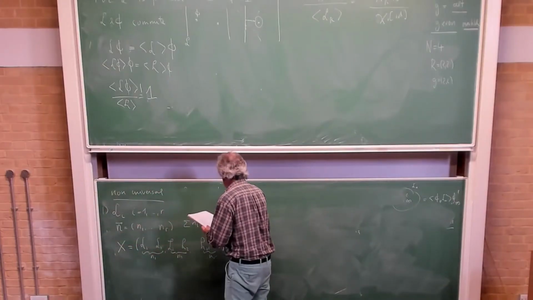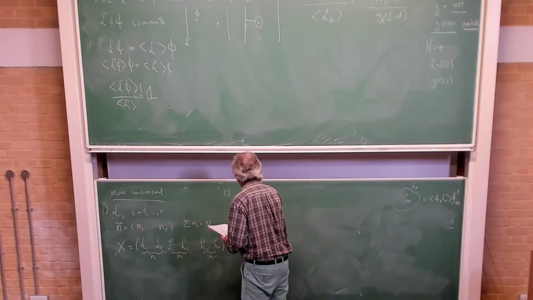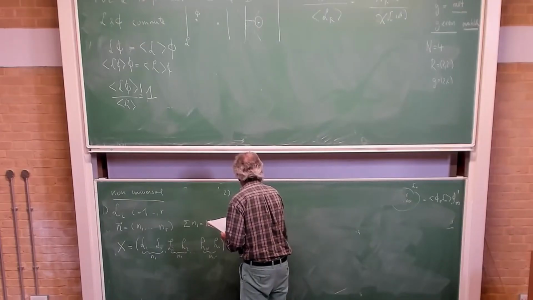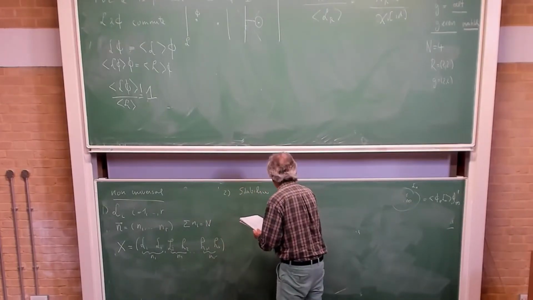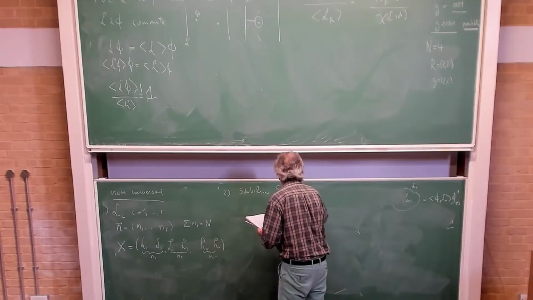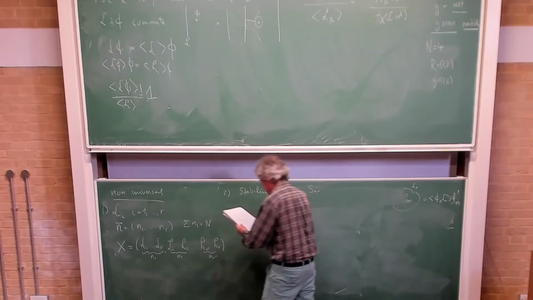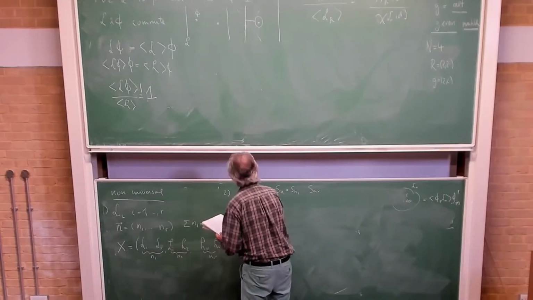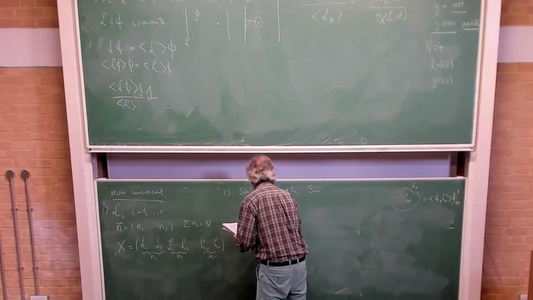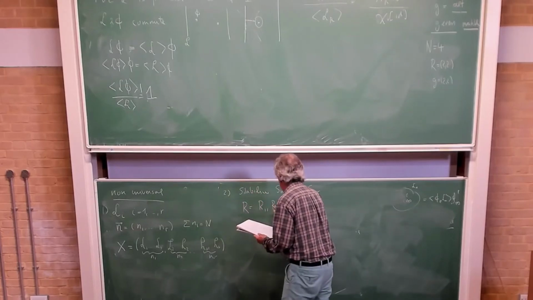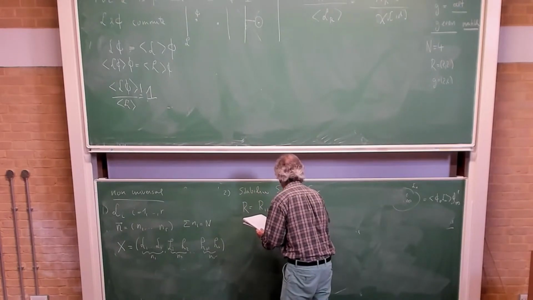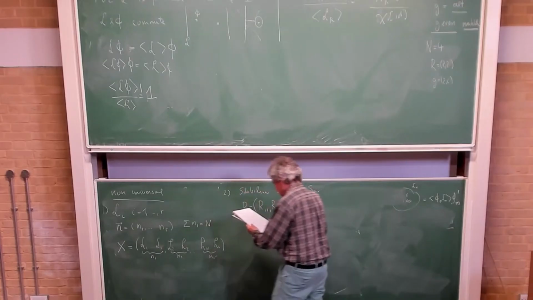Instead, we look at a stabilizer, the elements in Sn which leave this invariant, which would be Sn1 times Sn2 times Snr. Instead of a representation of Sn, we look at representations of Sn1, Sn2, and so on.